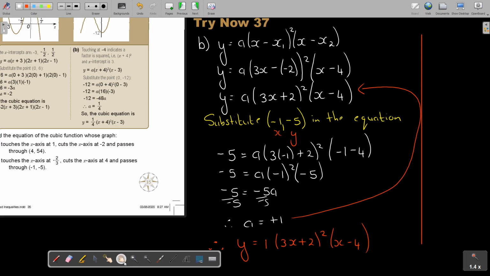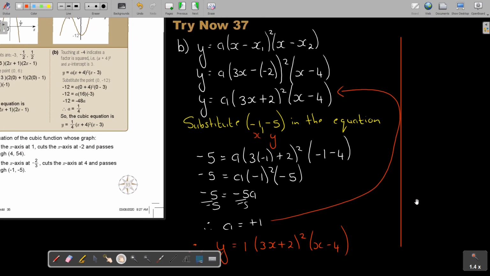I'm just going to do it like this. Then, meaning that you would have, in this step, y is equal to a(x plus 2 over 3) squared (x minus 4). Say you didn't bring that 3 to the x.